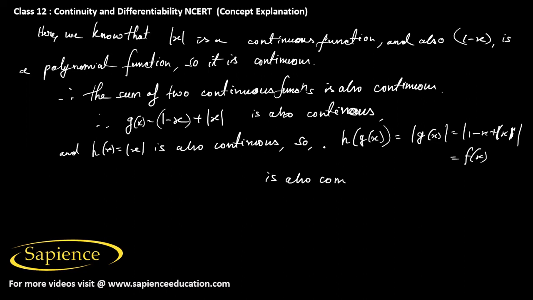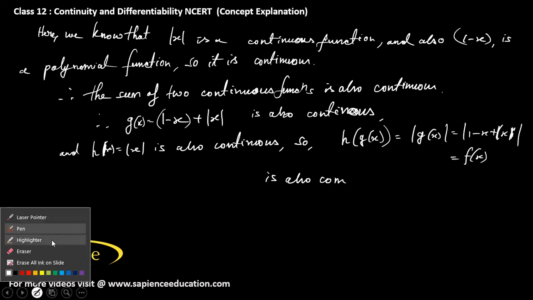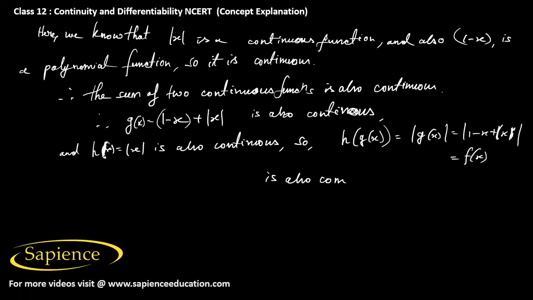Sorry, h of x is mod x. So h of g of x, since g is also continuous, which is f of x, is also a continuous function. So hence proved.